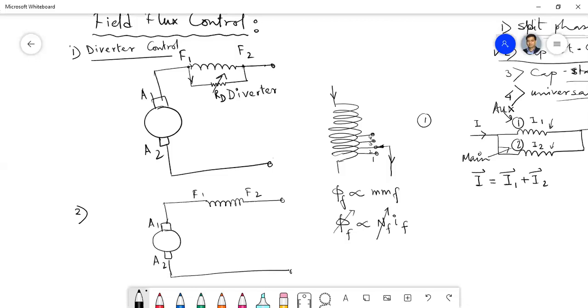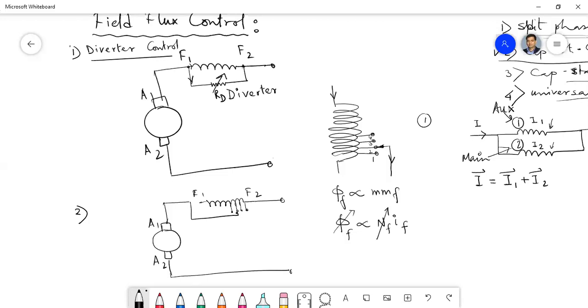Okay, so that means we are controlling it by using taps. So therefore, you should connect either the outgoing or the incoming terminal like this.